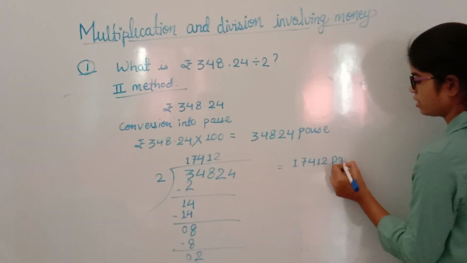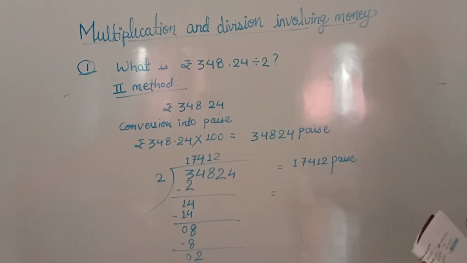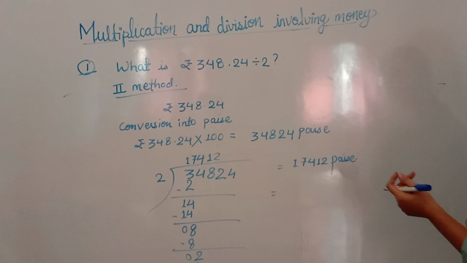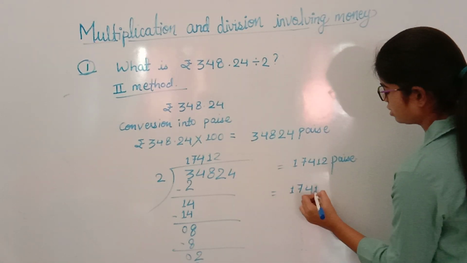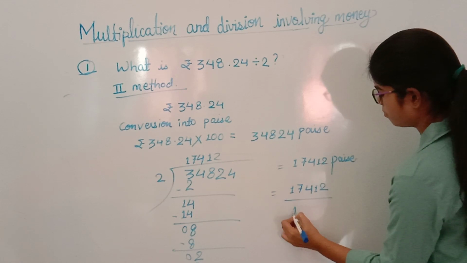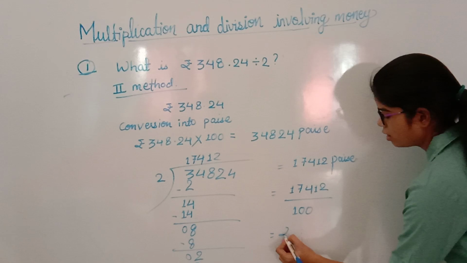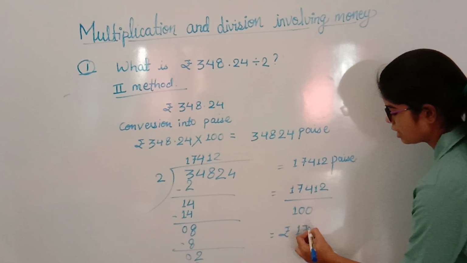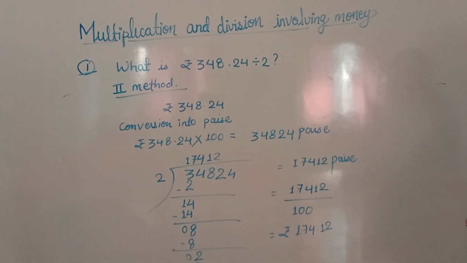But this money is in paise. So to find the normal answer, we divided 17,412 by 100, converting paise into rupees, and we got rupees 174.12. Is it clear?